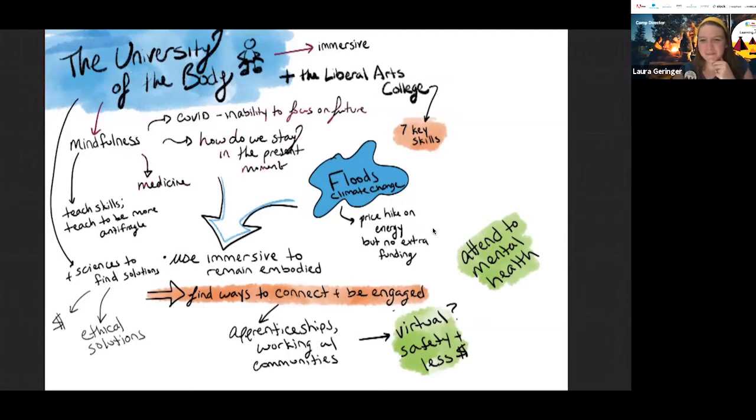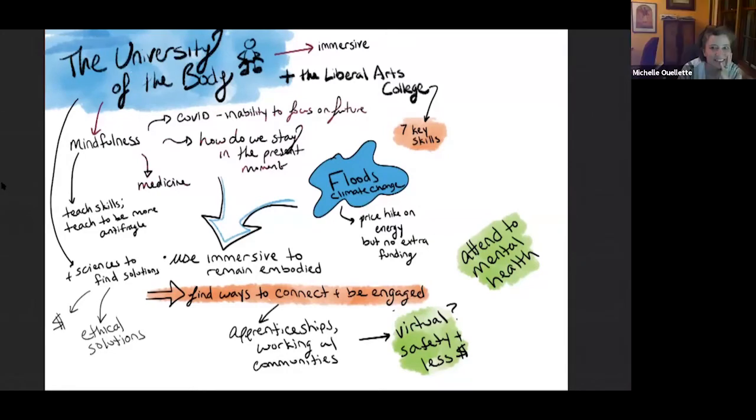Well, we liked the connection of the body to the liberal arts, because by actually being in your body while you're thinking, you could begin to think about where the real problems are and how you solve them.